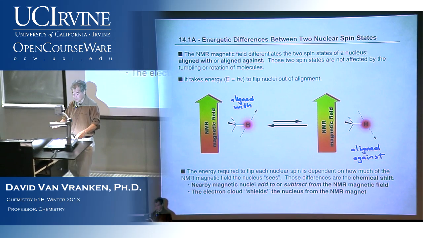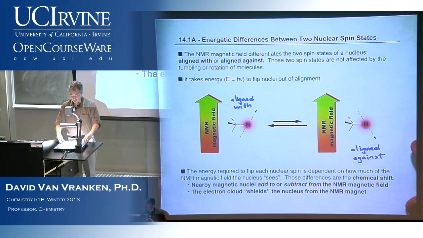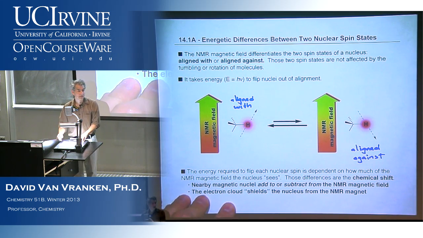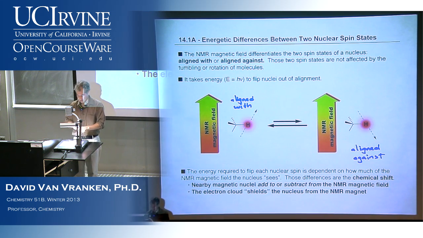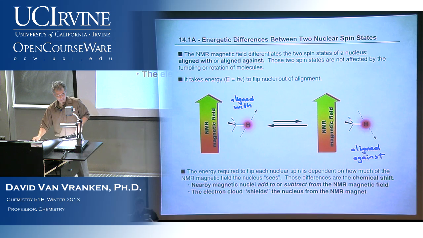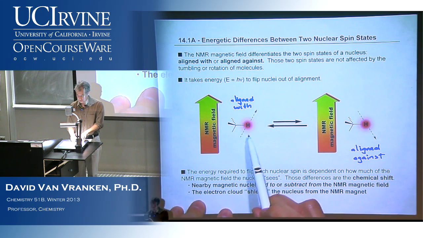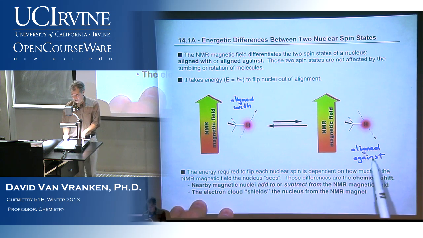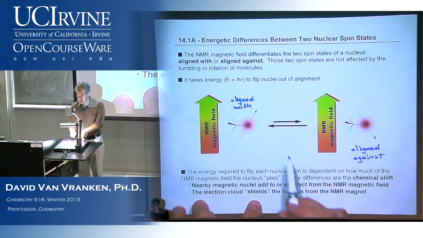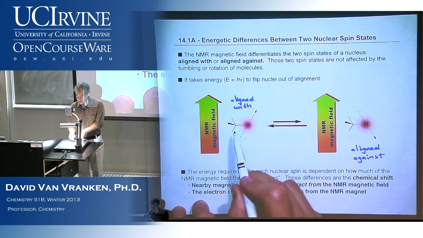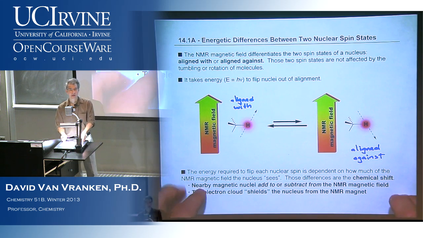The more powerful your magnetic field is, the more stark those two choices are, so we always try to have the most powerful magnetic fields possible. There's a good, stable state aligned with the field, and another state that is not as stable, higher in energy, where you're aligned against the magnetic field. You can transition between these two with energy.